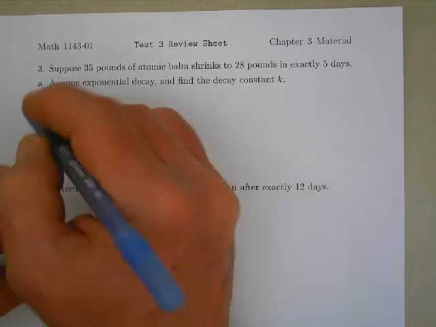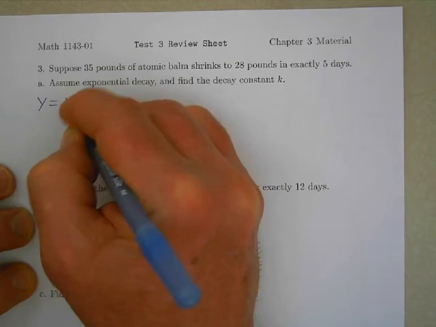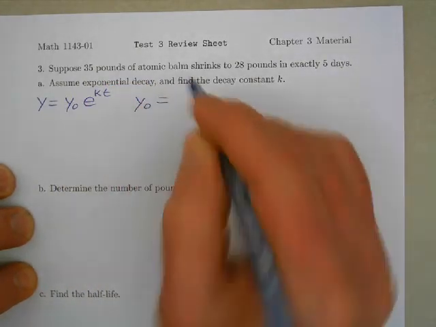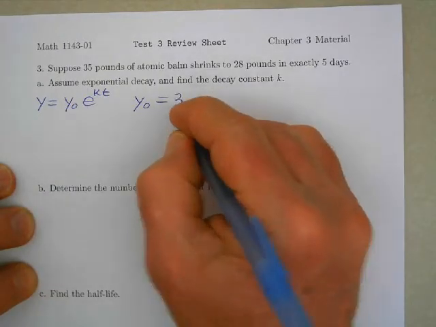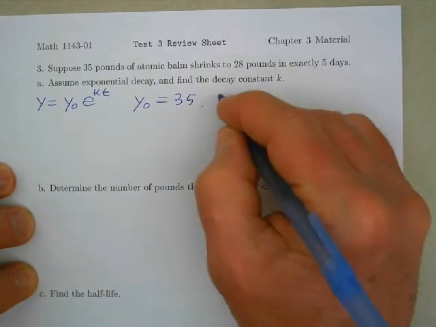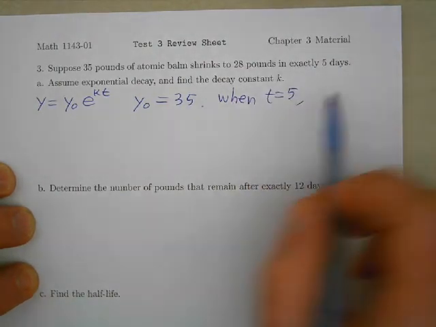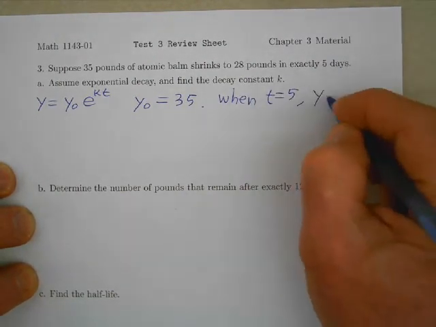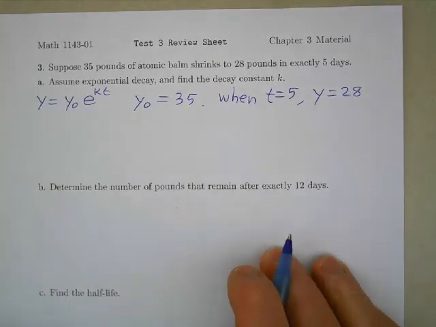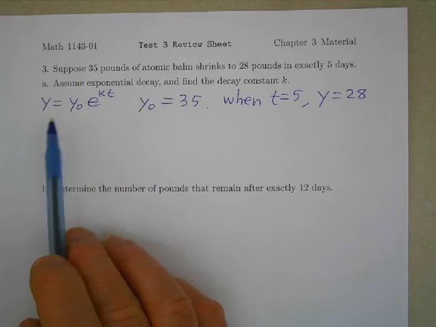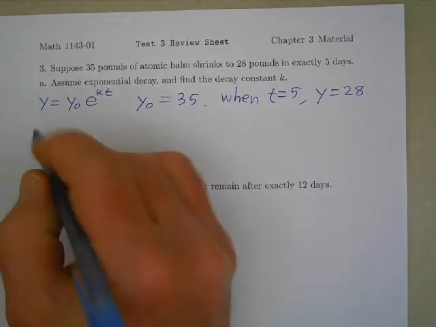So the model still looks like y equals y sub 0 times e to the kt. The initial quantity this time is 35 pounds. And we're told that when t equals 5 days, the y value, or the amount left, is 28 pounds. So we use this information to determine the decay constant k, replace y with 28.